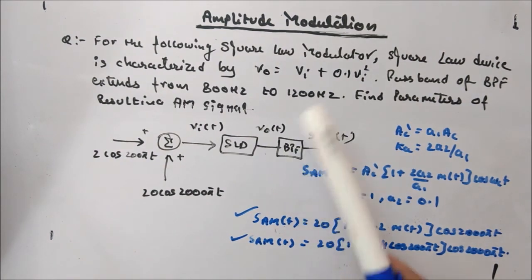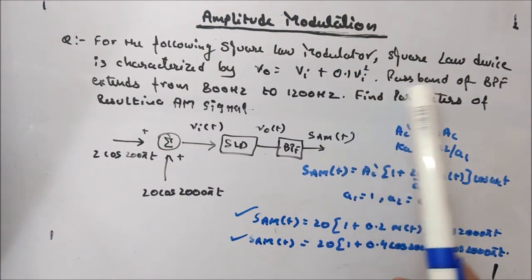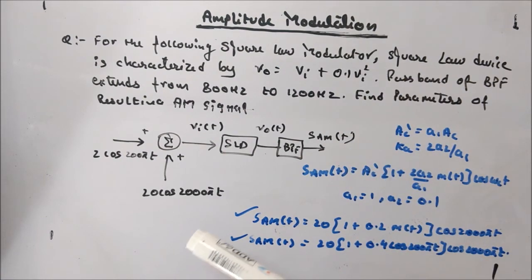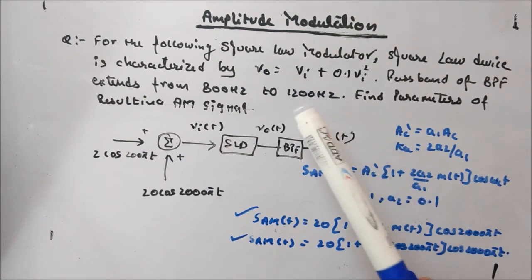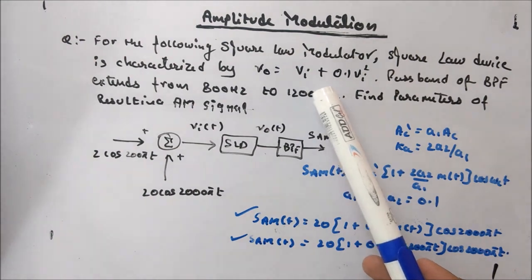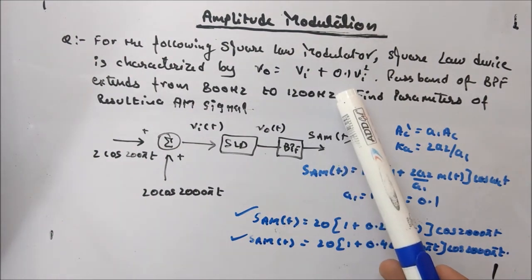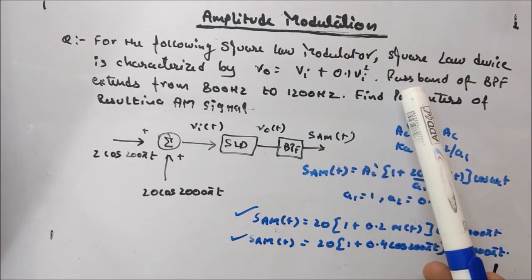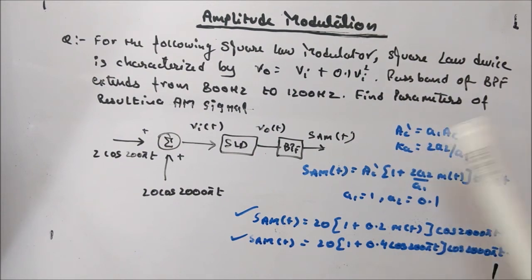Sometimes the expression has higher orders as well, then you have to calculate explicitly. Sometimes it is given as A1 Vi plus A2 Vi square plus A3 Vi cube, and it goes on like a non-linear expression.